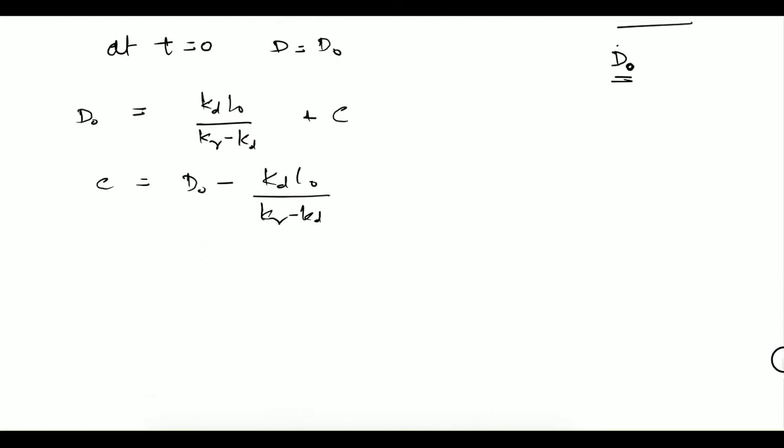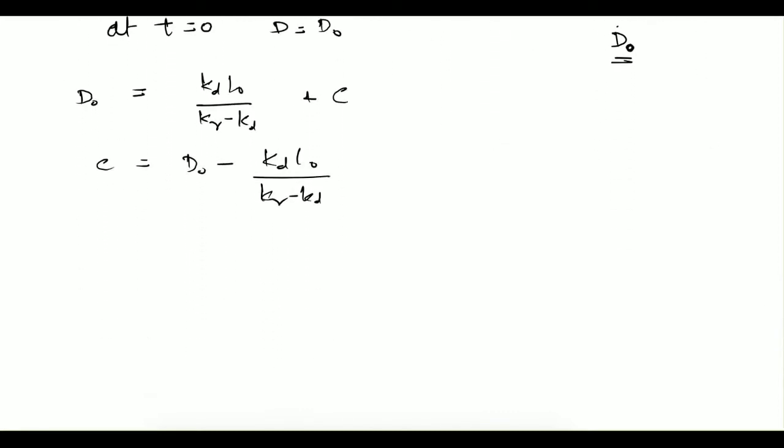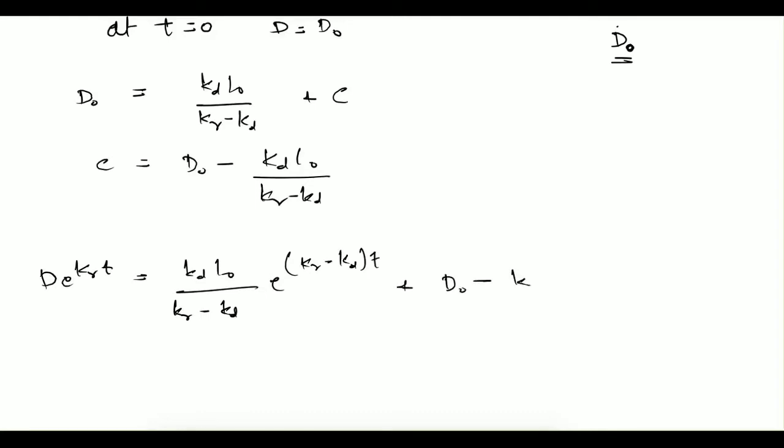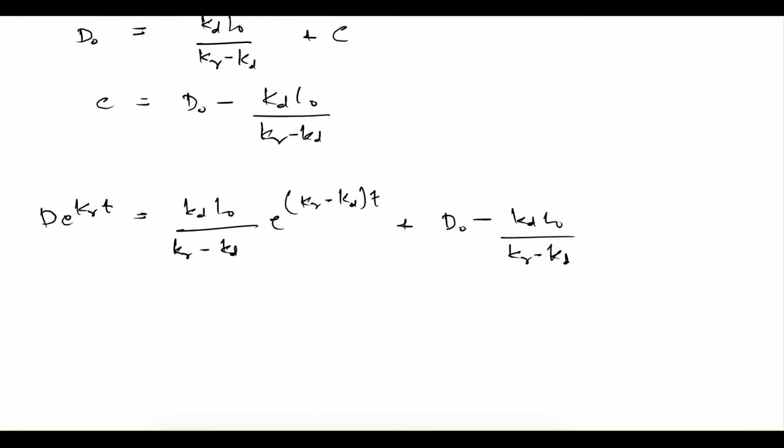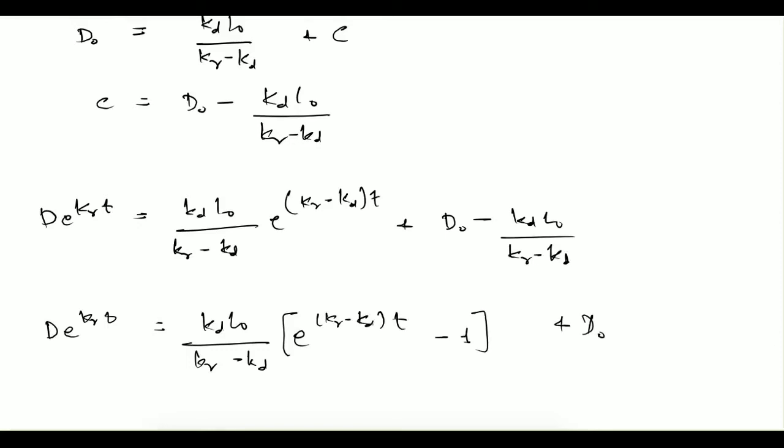So if you put this back, D e to the power kr into t is equal to kd L naught divided by kr minus kd into e to the power kr minus kd into t plus D naught minus kd L naught divided by kr minus kd. You can take this common, so D e to the power kr into t is equal to kd L naught divided by kr minus kd into e to the power kr minus kd into t minus 1, plus D naught.